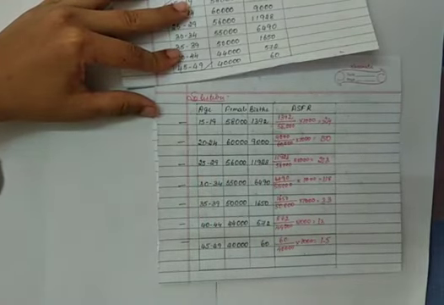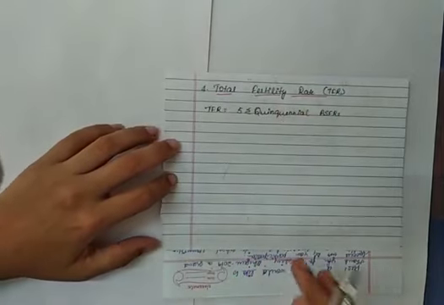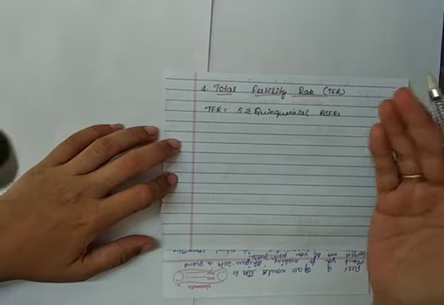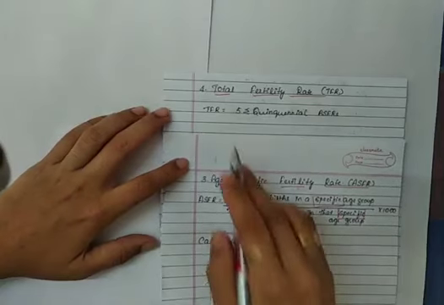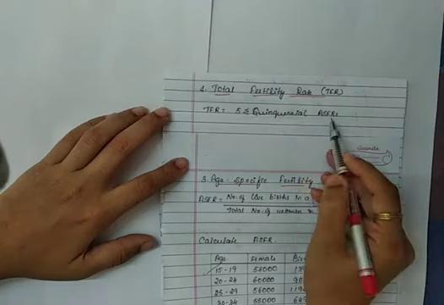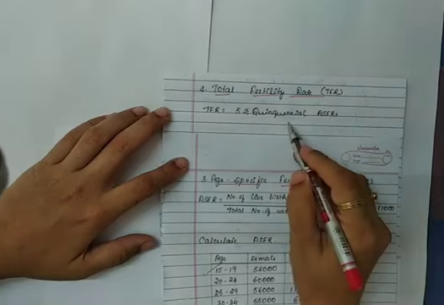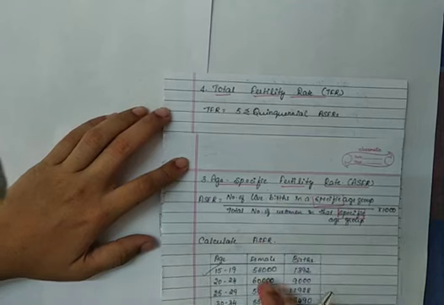Got it? So the next one is total fertility rate. This is just a continuation of the previous one, age specific fertility rate. Here the formula is total fertility rate is equal to 5 into quinquennial ASFR. ASFR is age specific fertility rate.